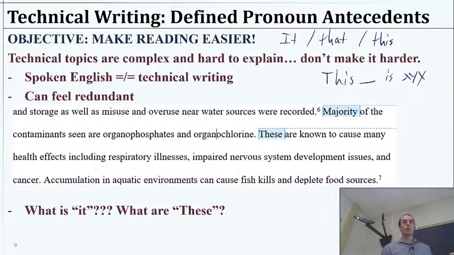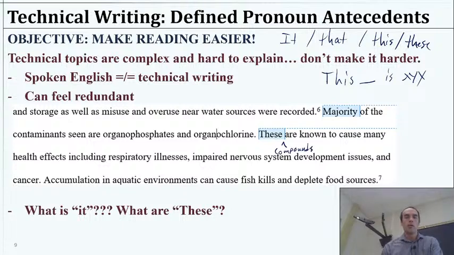So this would also count as, or these would also count as, one of the pronouns, right? These, those. So in this sentence, we've used contaminants, and then we named them both. We don't want to name both of them, which is why we're using a pronoun. But we could say "these compounds."